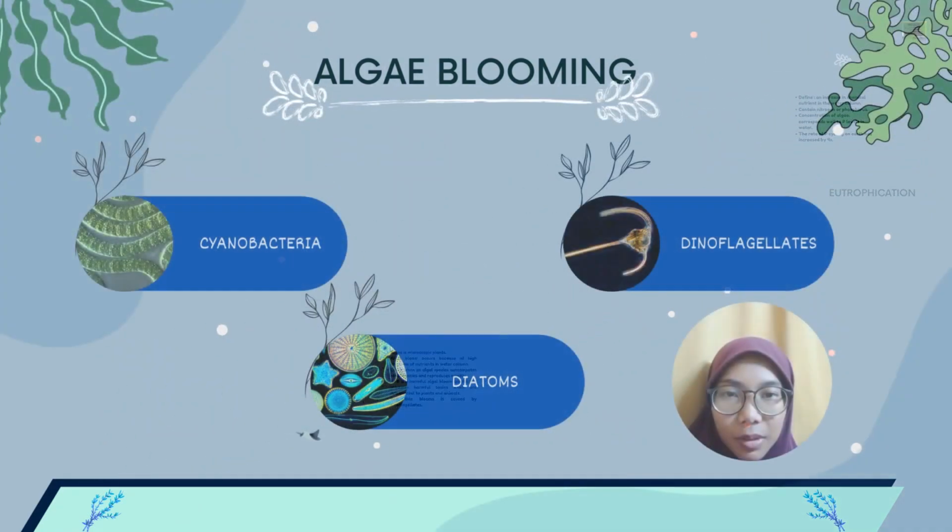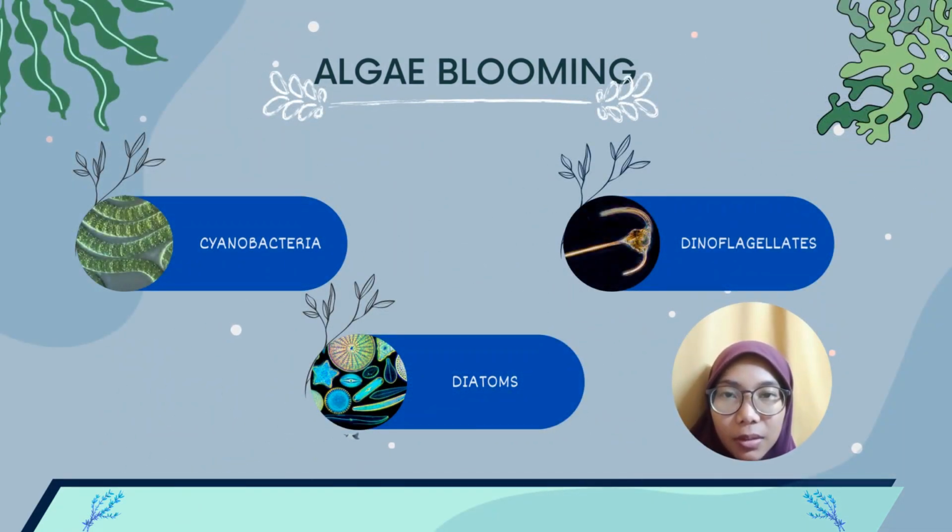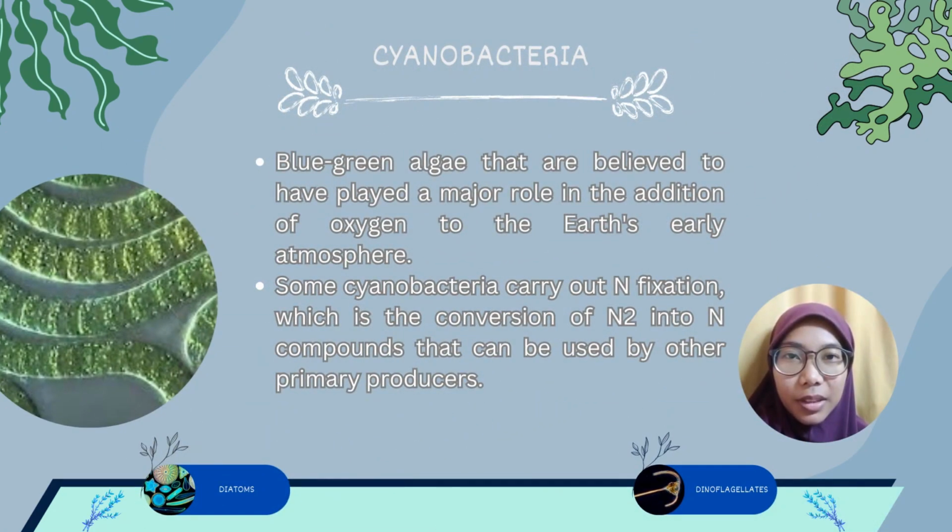There are 3 types of algae that may bloom: cyanobacteria, diatoms, and dinoflagellates. Green algae is believed to have played a major role in the addition of oxygen to the Earth's early atmosphere. Some of the cyanobacteria carry out nitrogen fixation.